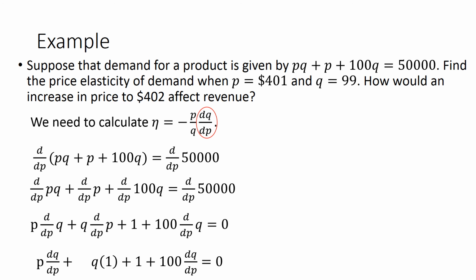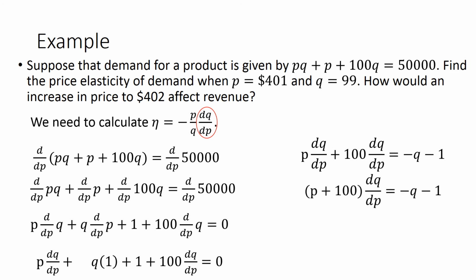Now I'm going to take all of the terms that don't include dQ/dP from the left-hand side to the right-hand side. So I'm going to subtract Q minus 1 and find out that P times dQ/dP plus 100 times dQ/dP is equal to negative Q minus 1. Now I'm going to factor that derivative term out so that P plus 100 times dQ/dP is equal to negative Q minus 1.